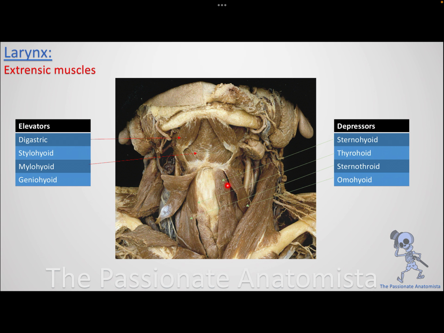Now, the depressors are the muscles that attach down to the hyoid bone. We have one that comes all the way from the sternum to the hyoid bone, so we call it sternohyoid. When we reflect the sternohyoid laterally, we will see two muscles.